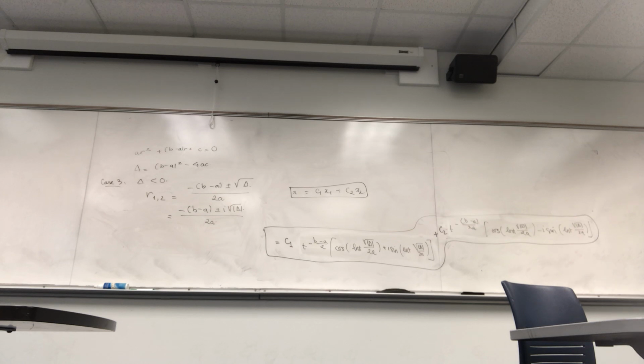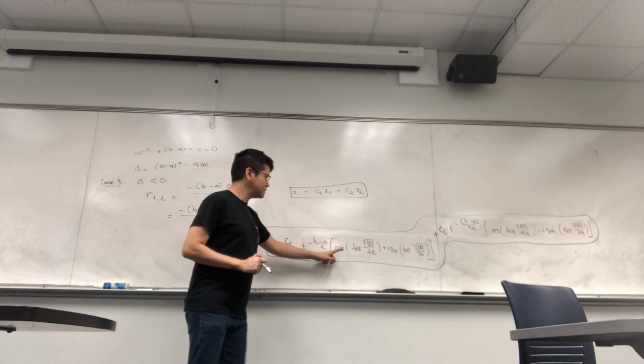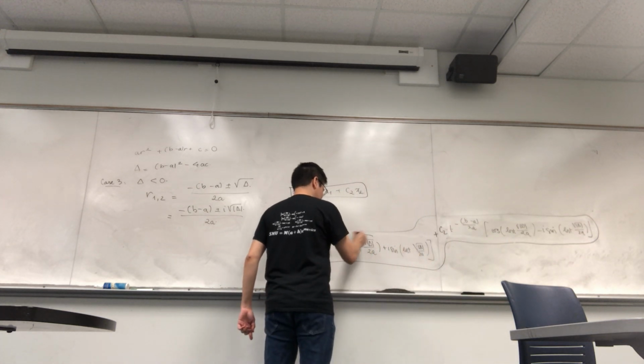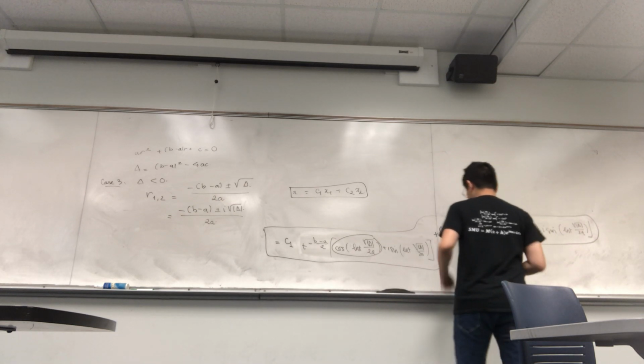Square root of delta over 2a, and then plus c1 minus c2 times the same. So you can factor this cosinus, right? The first thing I have is this one combined with this one.